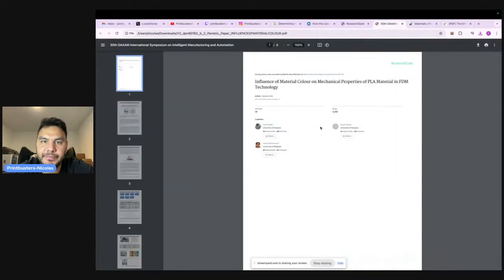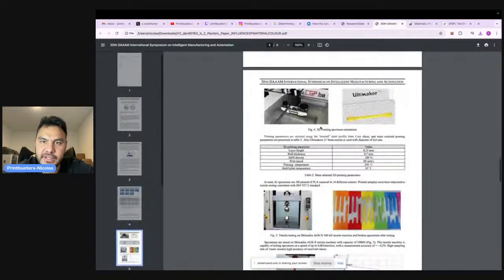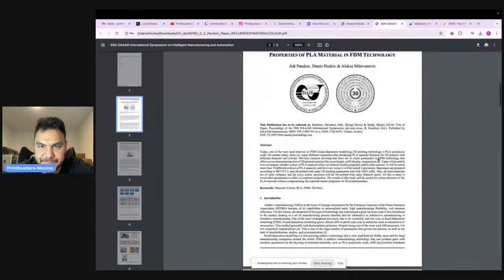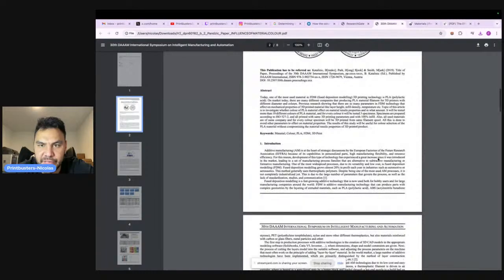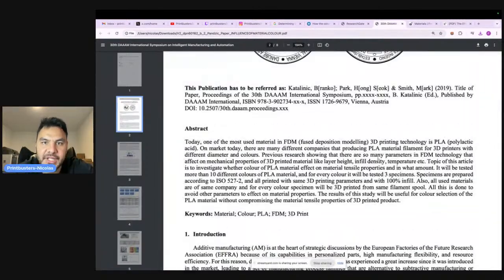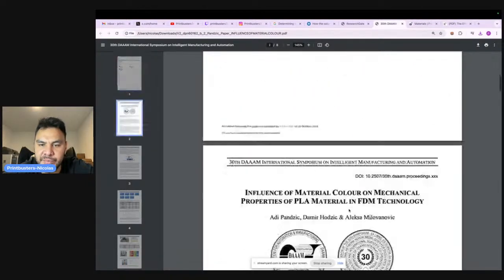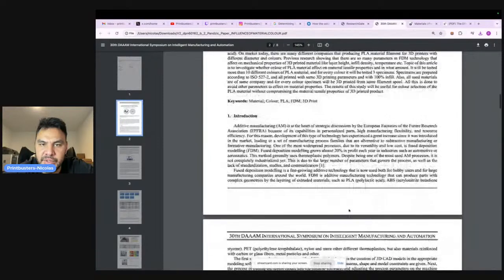Did it work? Okay, it worked. Thank you, little panda. So this is the first paper, right? I mean, I don't know if it's the first chronologically, but at least today, the first full paper on the influence of material color. So we'll be able to see.